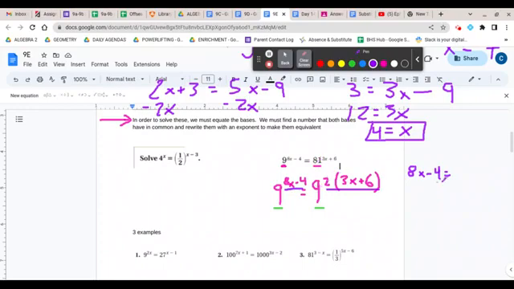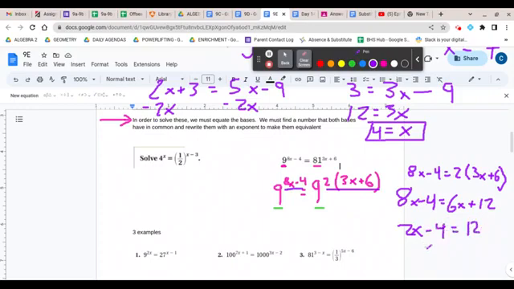So we have 2 times 3x plus 6. All right, so coming around here, we have 8x minus 4 is equal to 6x plus 12. Move the 6x over, so we have 2x minus 4 equals 12. And then 2x equals 12 plus 4, which is 16, and x is equal to 8.